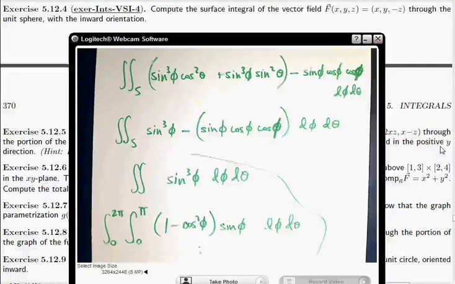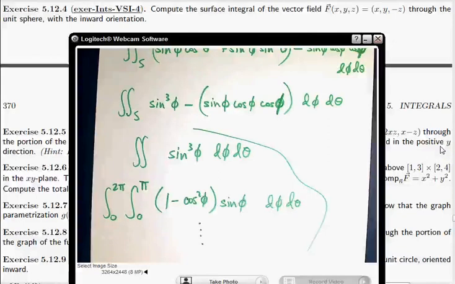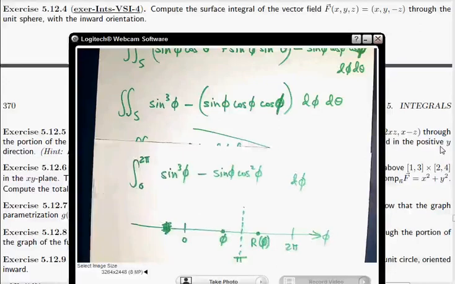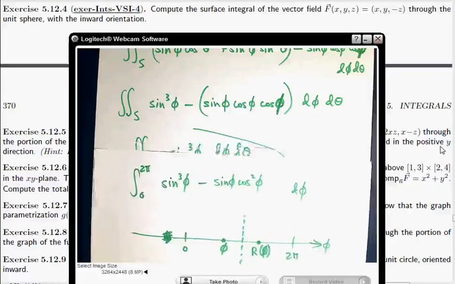How did you make the limits of phi on this one? Well, this was his clever idea. If you think about the surface of the sphere, how do you parameterize the surface of the whole sphere by letting phi and theta range?